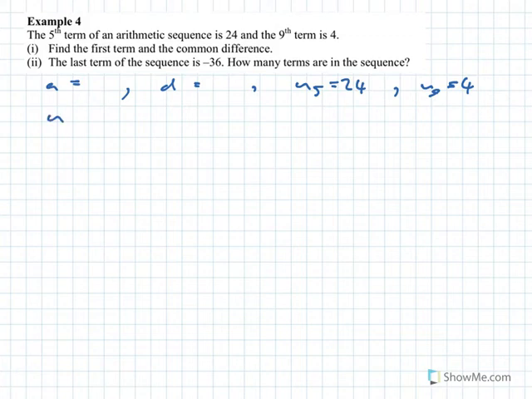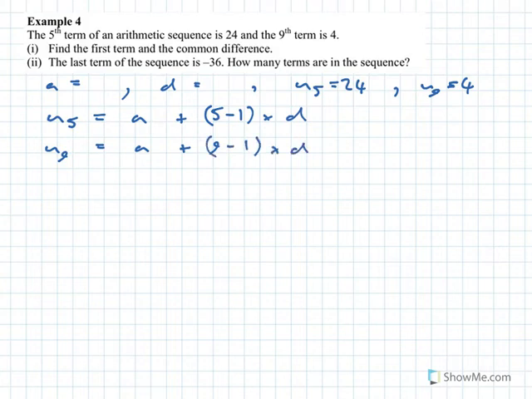Okay, so hopefully what you did was you said that U5 is A plus n minus 1, well, it's 5 minus 1 in this case, lots of D, and U9 is A plus 9 minus 1 times D. And we know that U5 is equal to 24, and U9 is equal to 4.